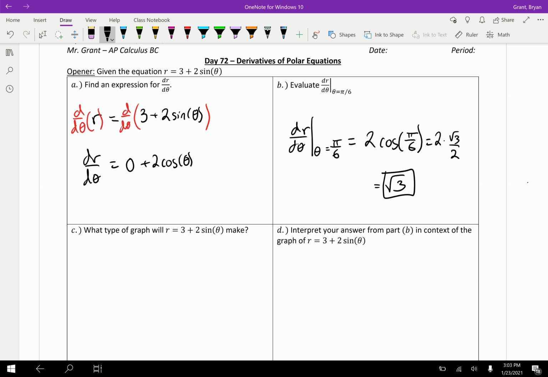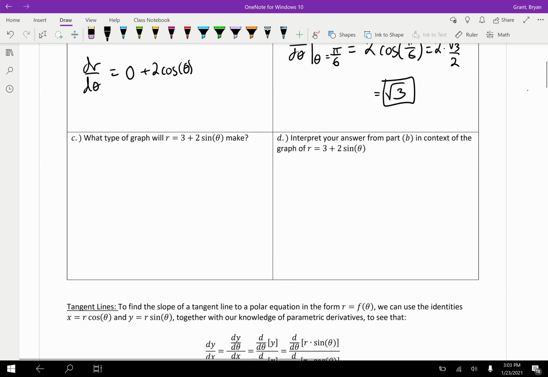What type of graph will this make? Well, that one's kind of out of left field. We saw graphs of polar equations all the way back to day 70, I think, and you don't have to know these perfectly. In fact, you don't even need to know this off the top of your head. Eventually you will. But what we discussed is that if the coefficient that is adding is larger than the coefficient that's multiplying, then you will have, and remember these were called limacons, right?